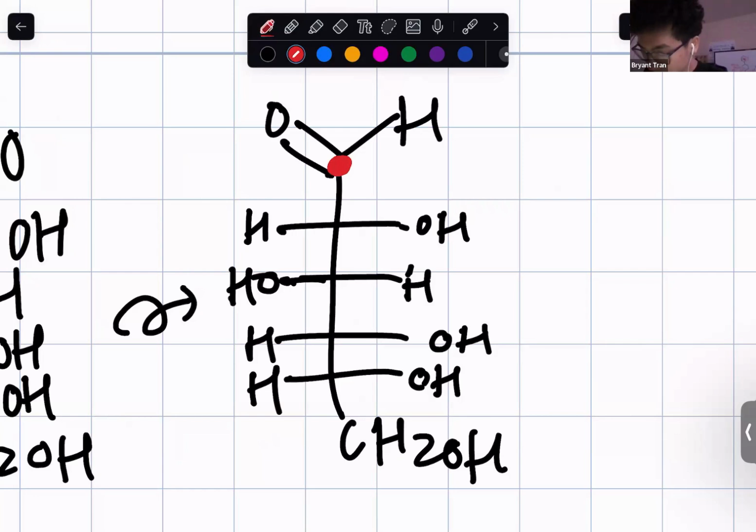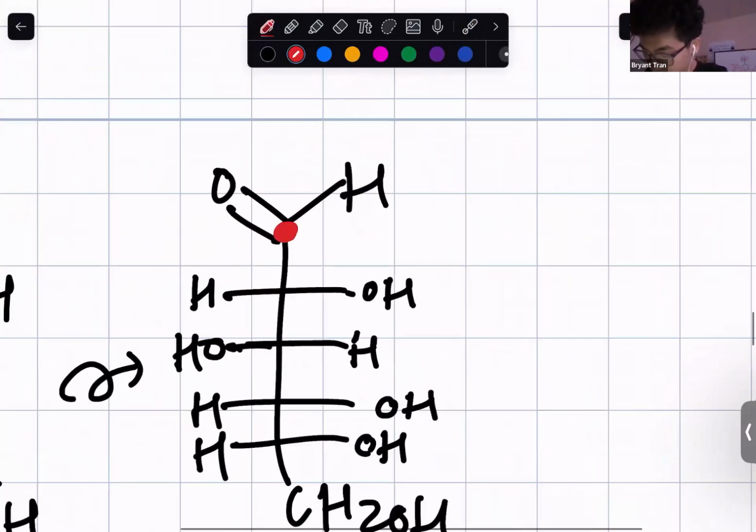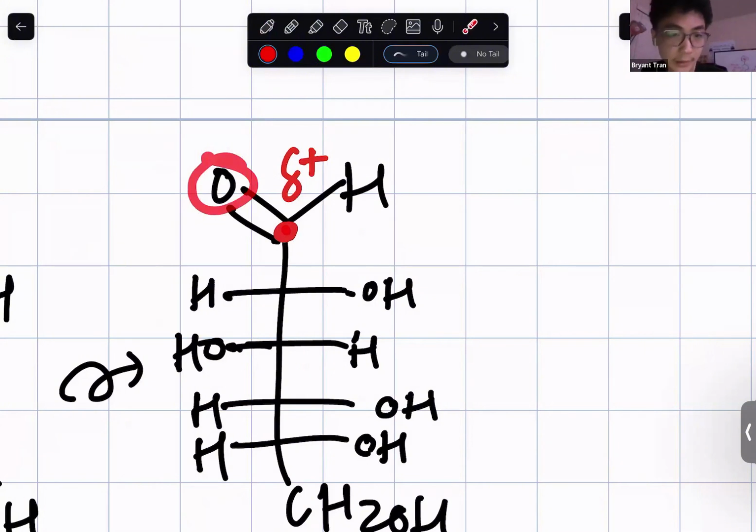This carbonyl carbon, the carbon double bond oxygen carbon right there, is our electrophile because it is partial positively charged since it's attached to this double bond oxygen here, right? All of these other carbons here are also partial positive charge, because they're also attached to oxygens, but they're not the electrophile because there's no leaving group there, right?